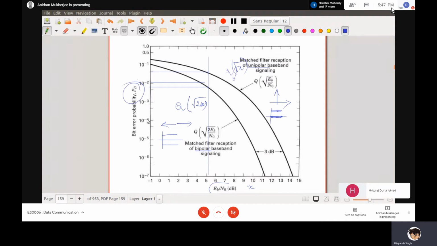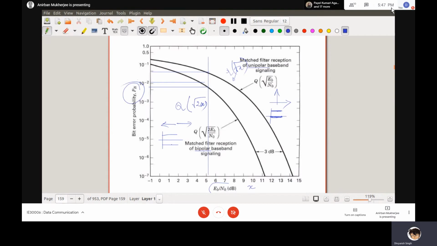That is the probability of error. You transmitted 0, but due to the noise it will be detected as plus. But for the same A amount of noise, in the bipolar case, even if it is minus it will not go to 0, or even if it is plus it will not go to 0.